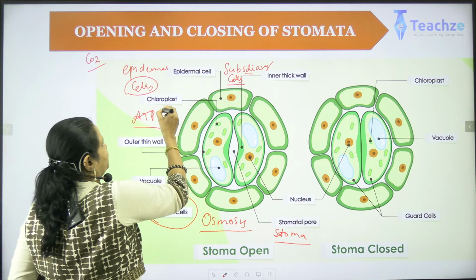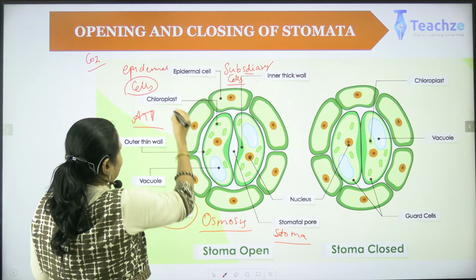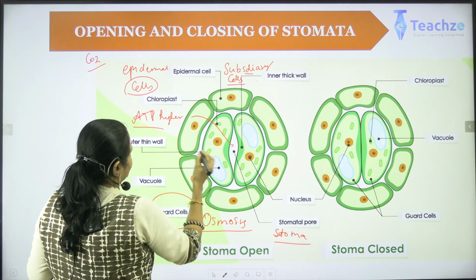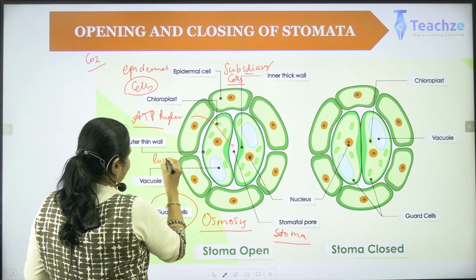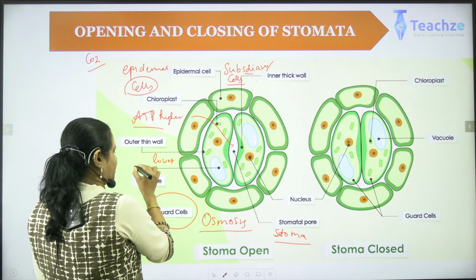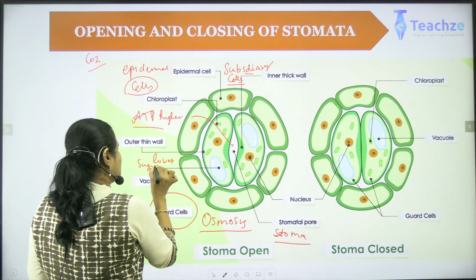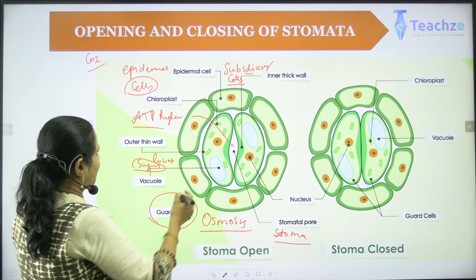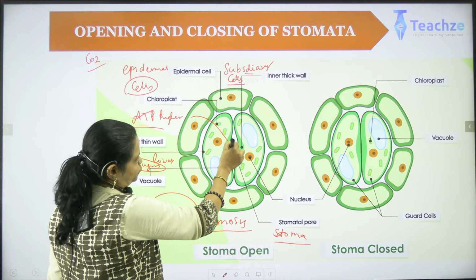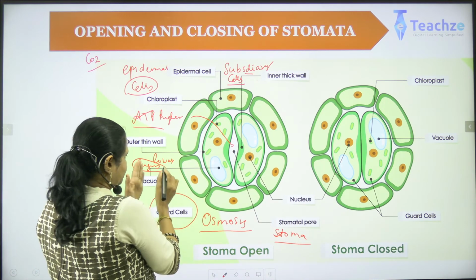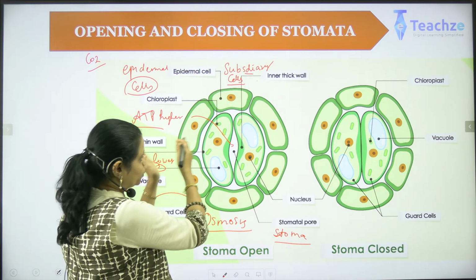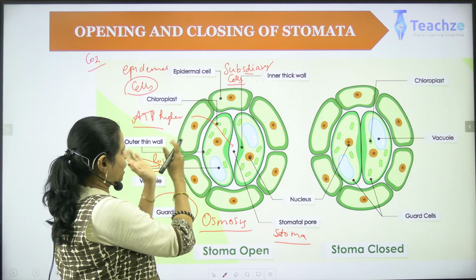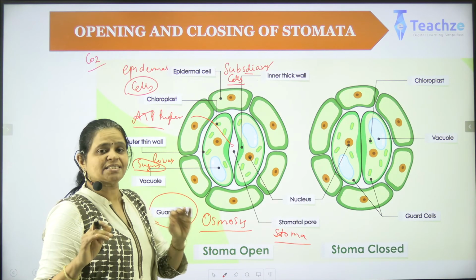That means if I am looking at a higher level here inside, then I have a lower level outside. That is, I'm talking about the concentration of sugars. So in stomata, we generally talk about sugars. Now, what happens when you have more amount of concentration inside? The water will automatically move inside the guard cells to make the concentration outside and inside the same.